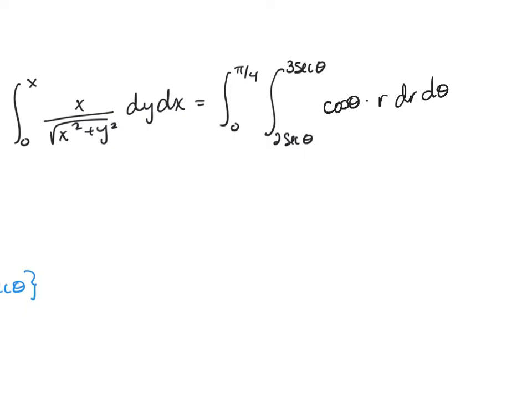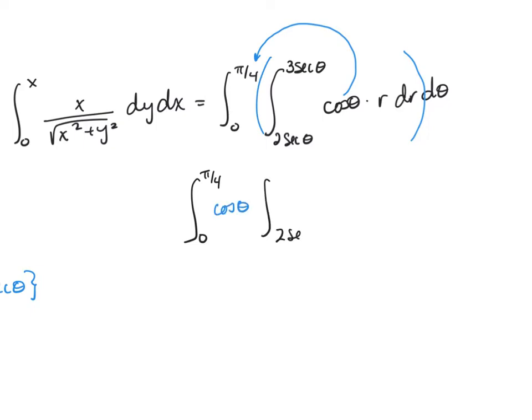So cosine theta, because I am integrating with respect to r first, is just going to be a constant. And in fact, I can think about squeezing that in between those two if I want. I can think of that as 0 to pi over 4. I can write my cosine of theta right here because it is a constant when I do this integration, from 2 secant of theta to 3 secant of theta of r dr, d theta.